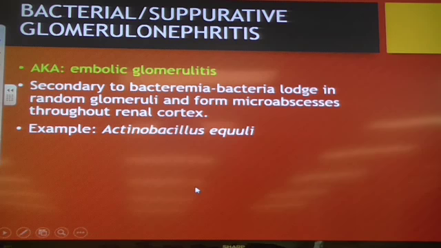We're going to look at some bacterial etiologies associated with glomerulonephritis. And the first one I want you to remember is the term embolic glomerulitis. So embolic means that there is a bacterial infection and you have emboli of those bacteria. And what's the definition of an emboli?